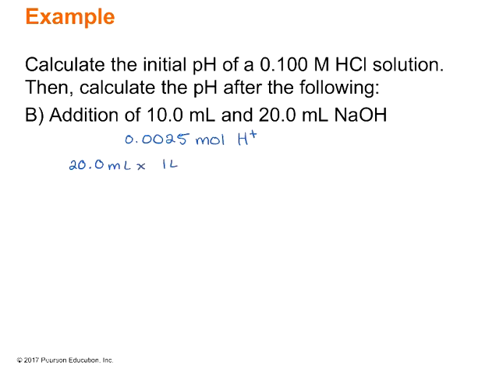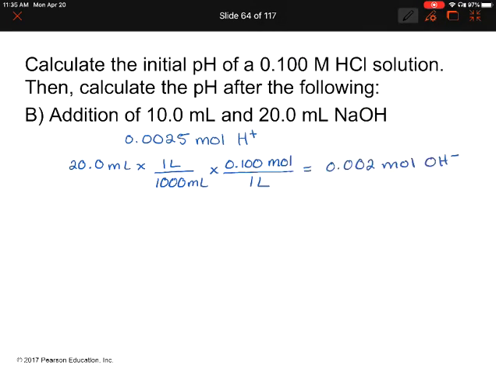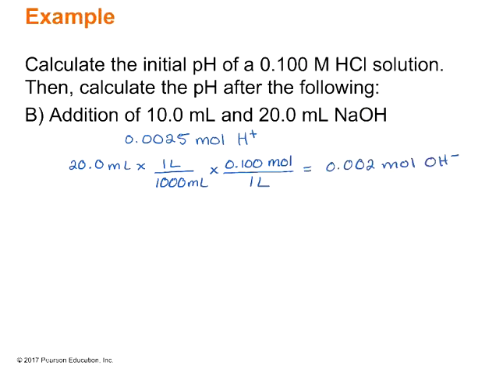Very similar to before, we're just changing some numbers slightly. Okay, so when we perform this calculation, we should find that we have 0.002 moles of hydroxide ions that we're adding to solution. So in the next step, we'll write out that same table that we did before.